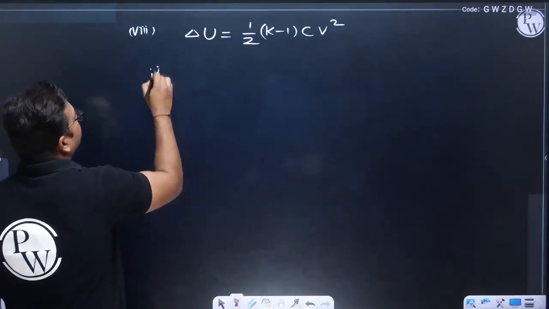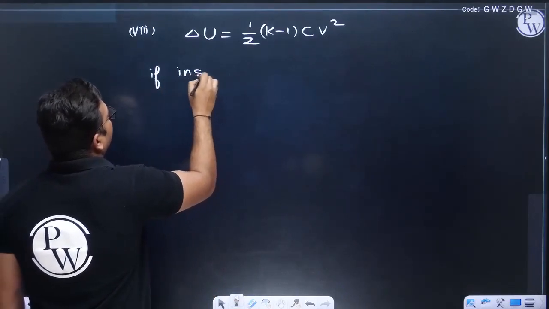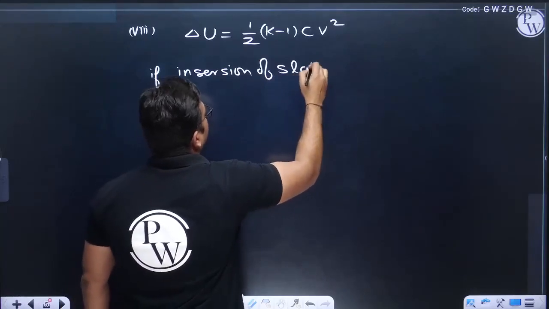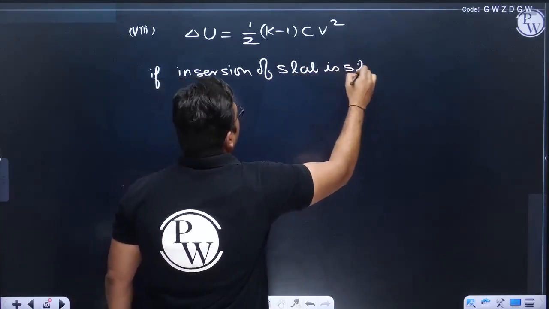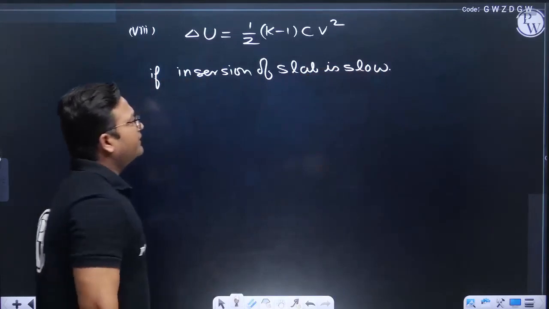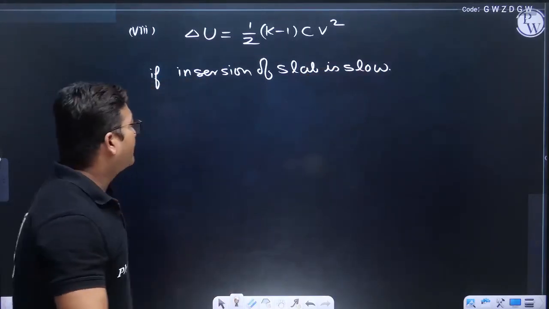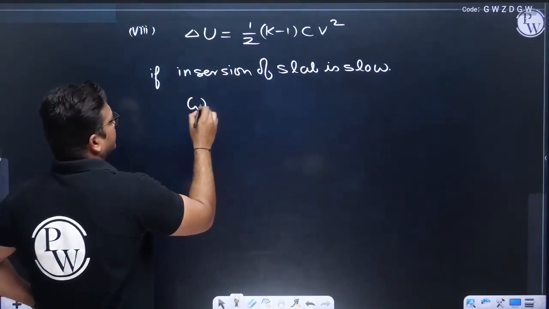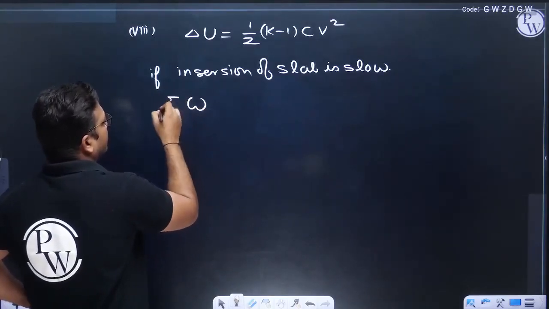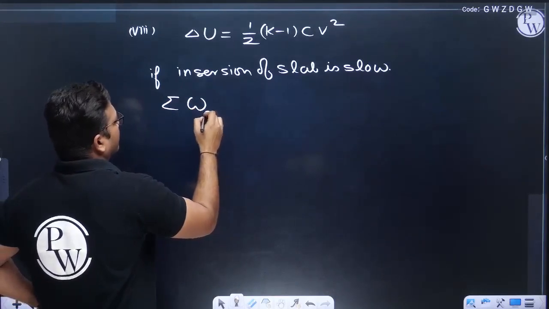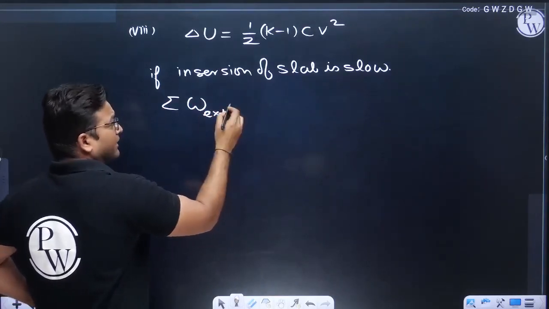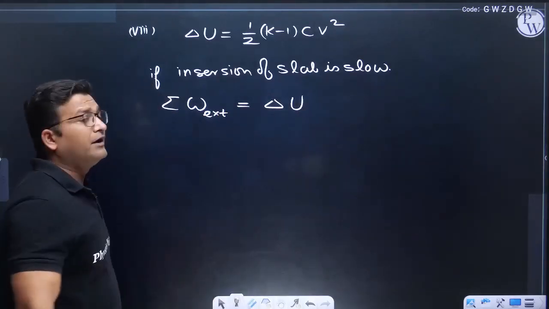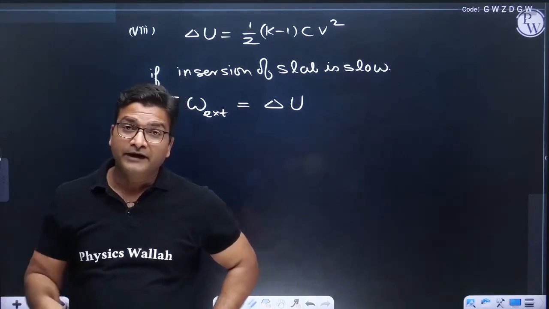If the insertion of the slab is slow, the work done by all external agents is equal to delta U.